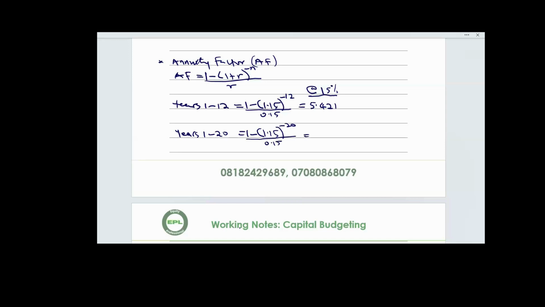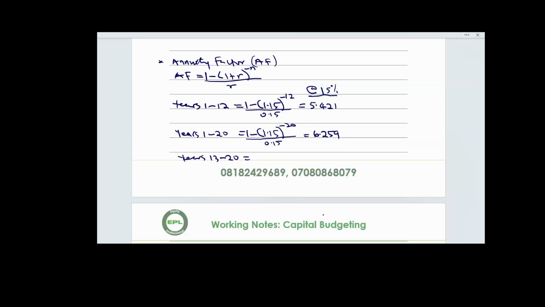What do you have there? The annuity factor of years 1 to 20, 6.259.